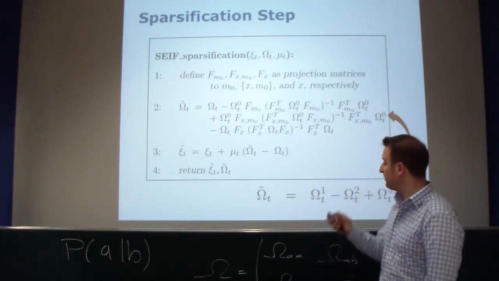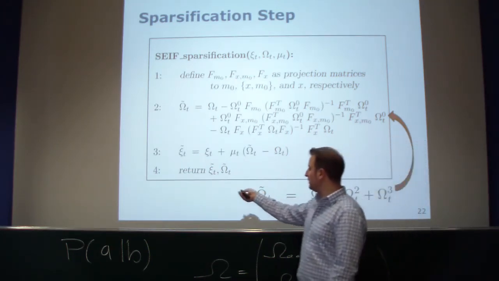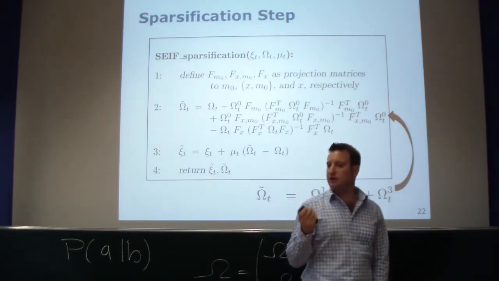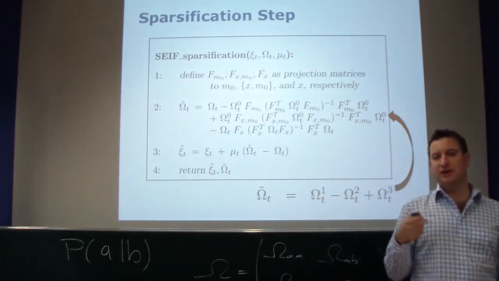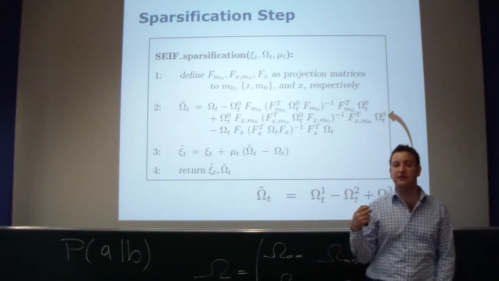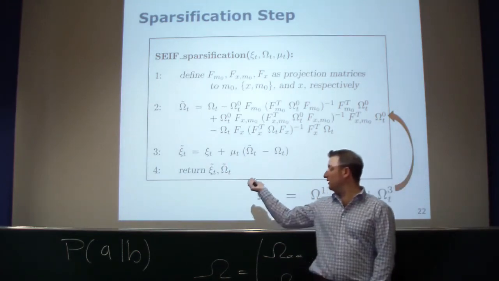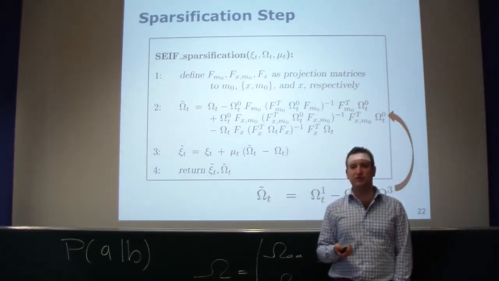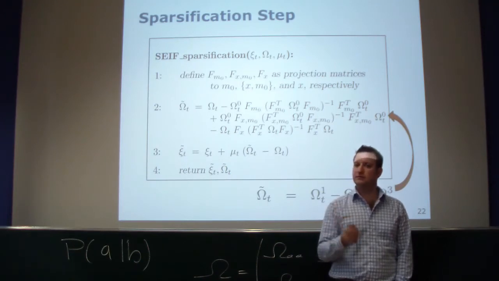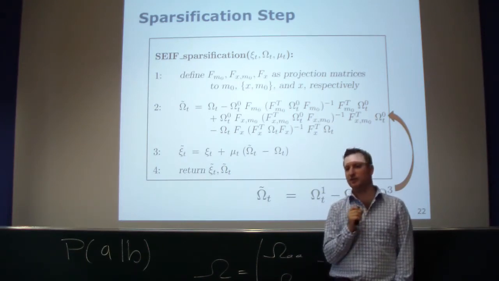That's the sparsification step. After the sparsification step, we get a new information vector and a new information matrix for an updated belief, so that the information matrix is sparse. Are there any questions about that sparsification step?